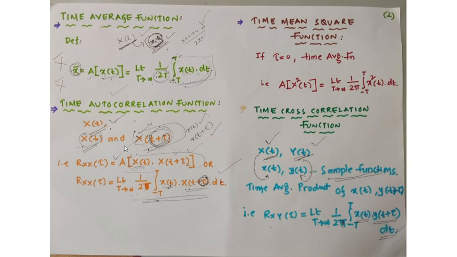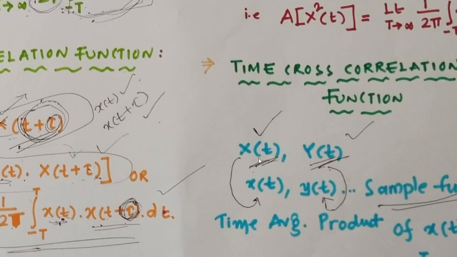It is to be noted that the autocorrelation function is within the same random process, whereas the time cross correlation function is between two random processes. Here we will have two random processes: one is capital X of t, another one is capital Y of t.